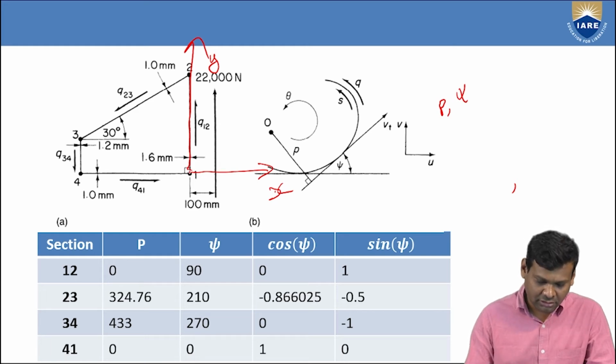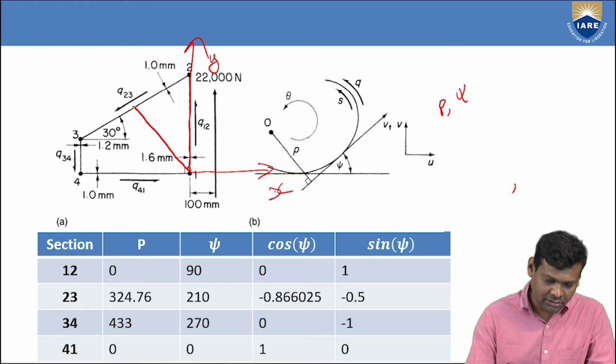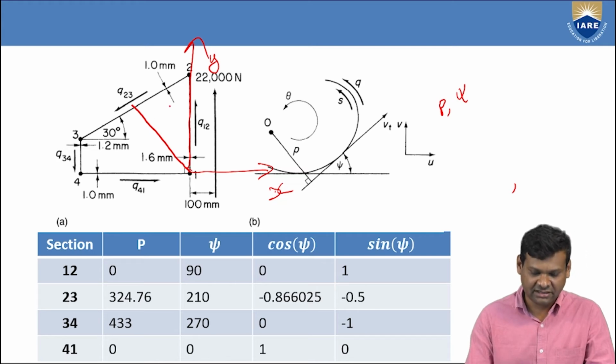Next, let's look into q23, with the same origin. In order to know the perpendicular distance, here the angle is 30 degrees, and ultimately this other angle is 60 degrees. It is a right angle triangle, and this is the hypotenuse; we need to know the base.